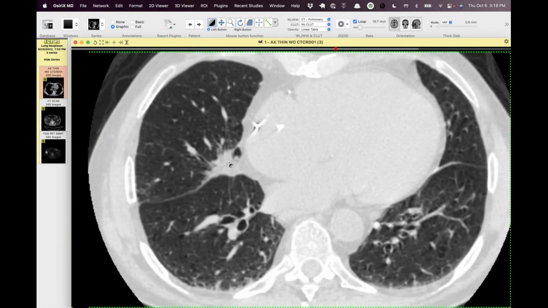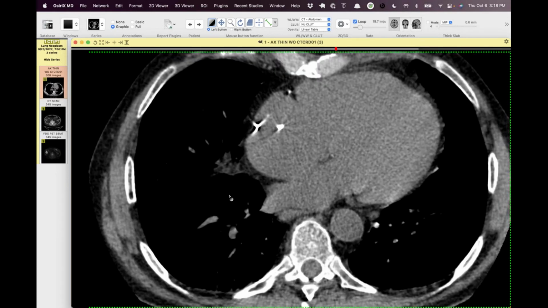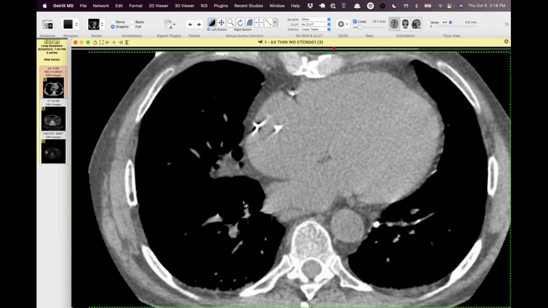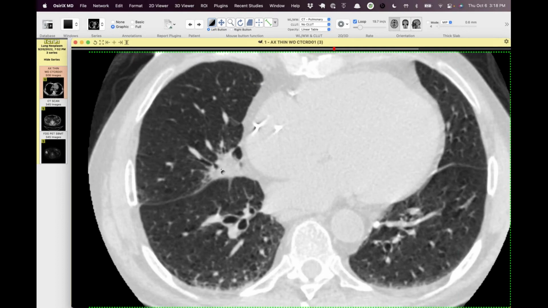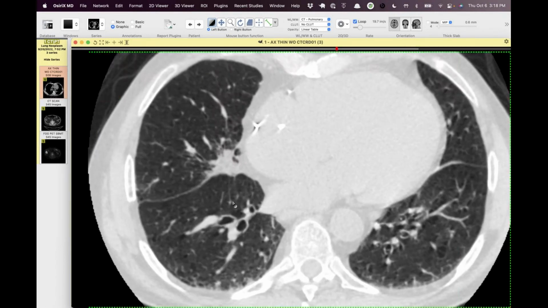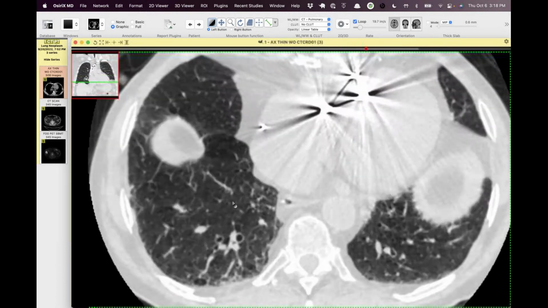So we don't know the culprit, but it's one of those things that does look spiculated. Even sometimes on lung windows, you can get a sense that it looks kind of fatty. And I think the PACS monitors show it better than this. Location for aspiration seems to be a little more anterior than expected.